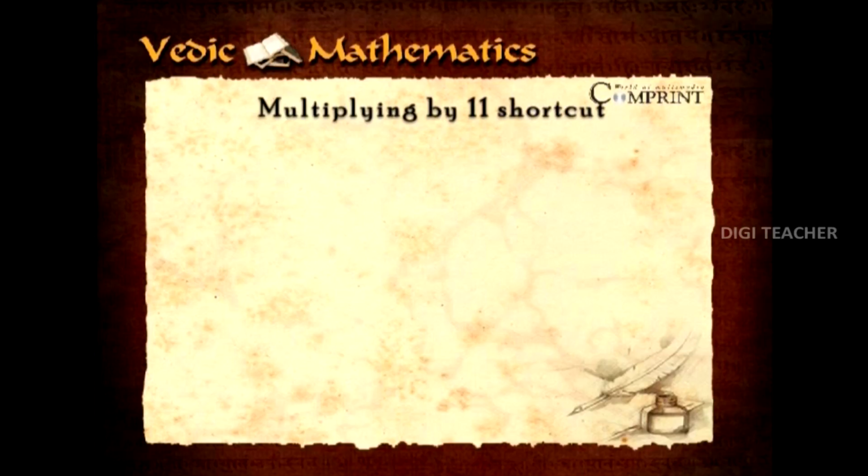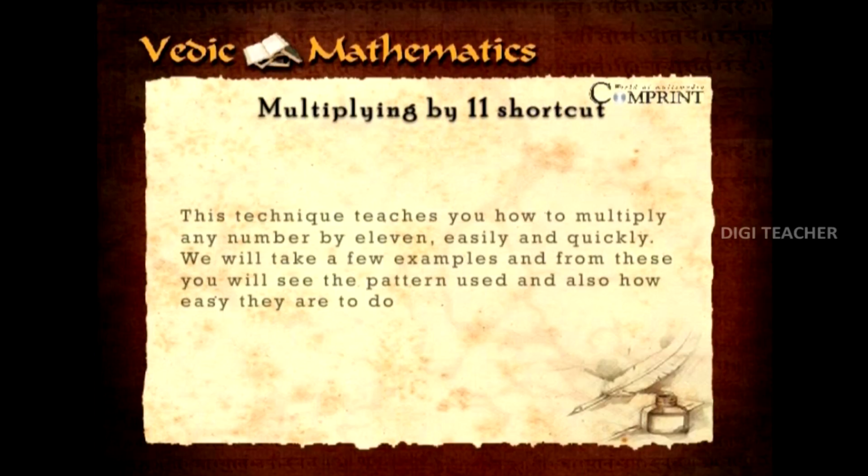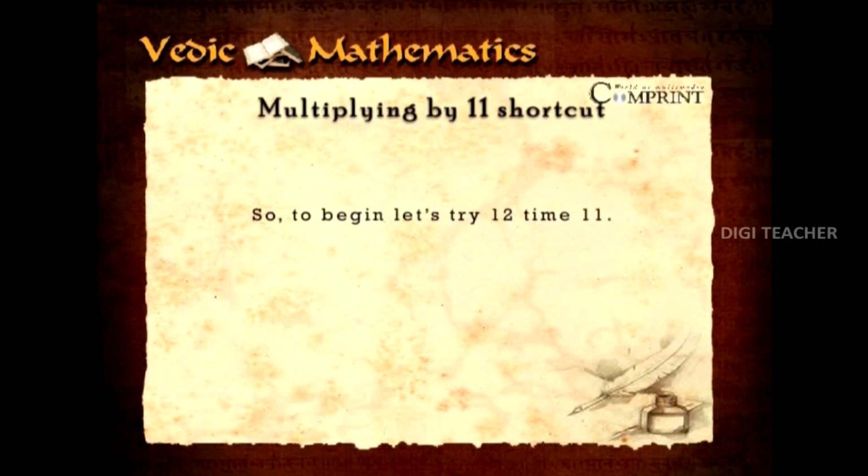Multiplying by 11 shortcut. This technique teaches you how to multiply any number by 11 easily and quickly. We will take a few examples, and from these you will see the pattern used and also how easy they are to do. So, to begin, let's try 12 times 11.